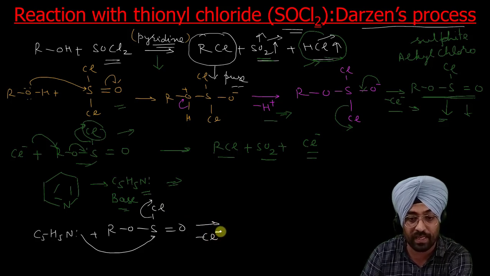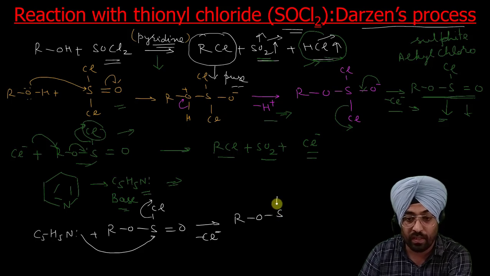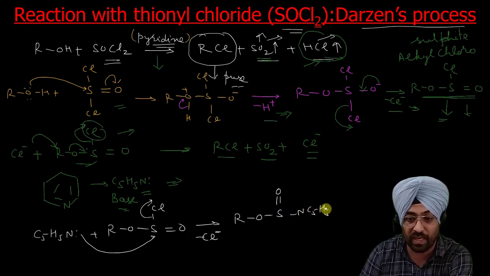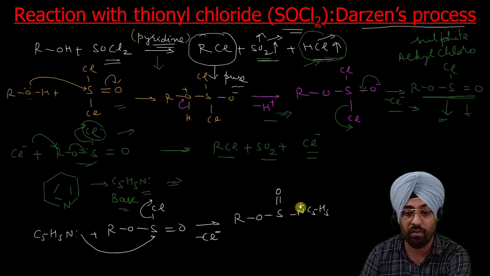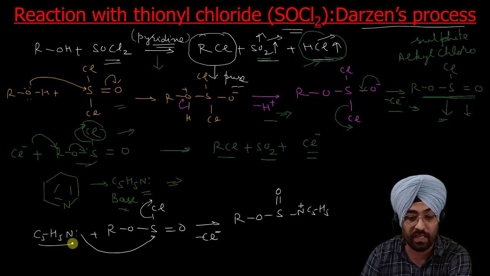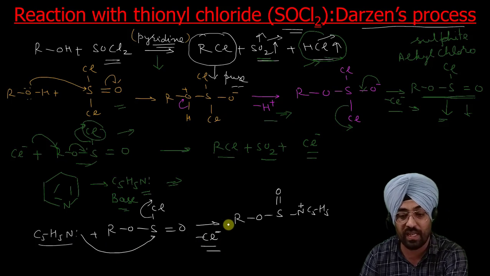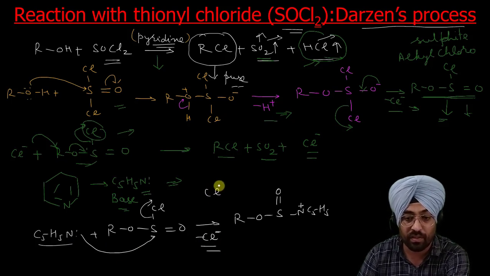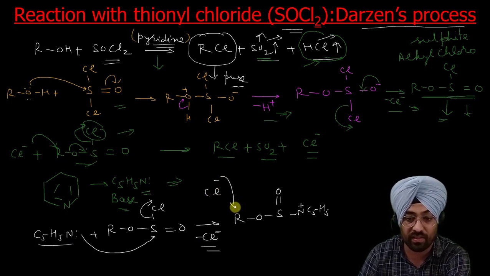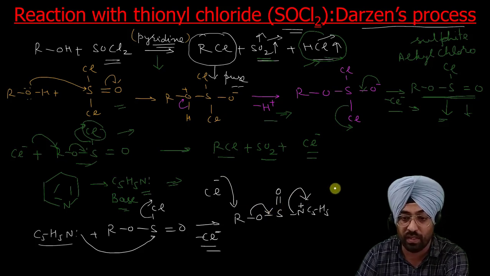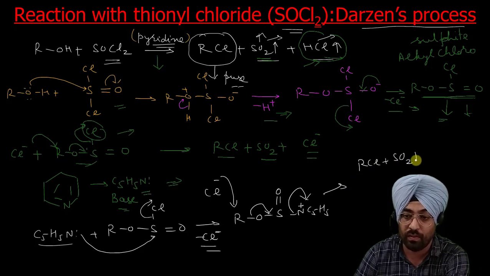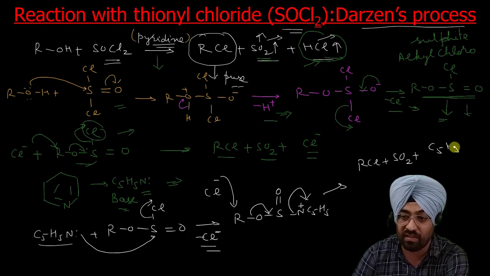So we get ROS(=O) attached to NC5H5 positive. As you can see, pyridine is helping to remove this Cl negative. In the next step, this Cl negative attacks here, it goes here, and pyridine is removed. You get RCl plus SO2 plus C5H5N.